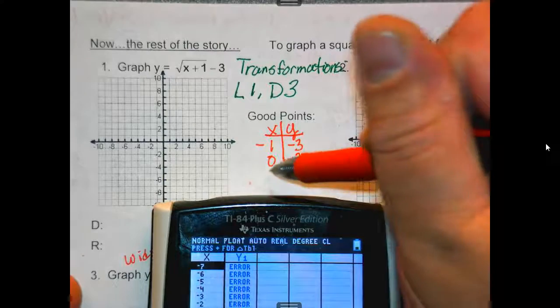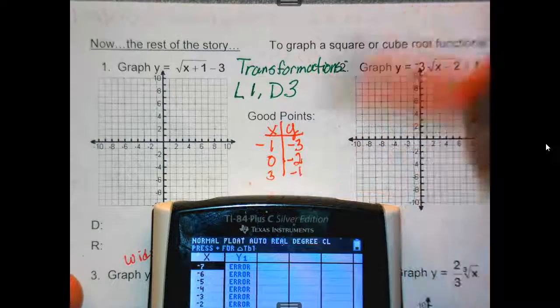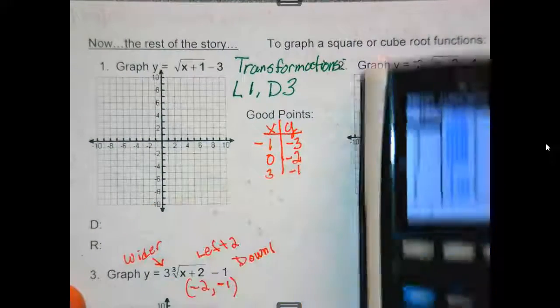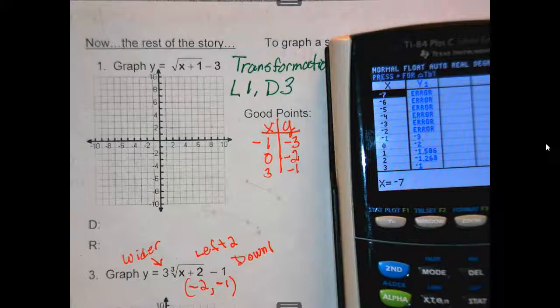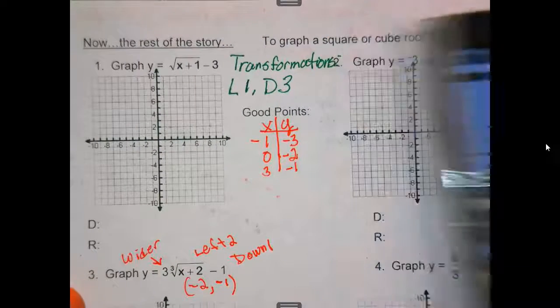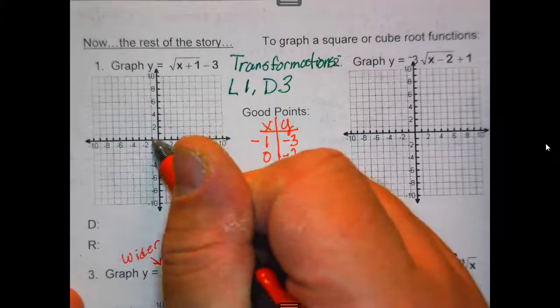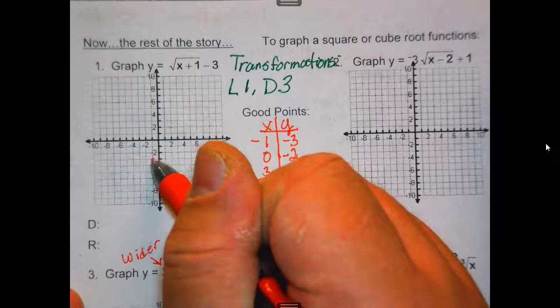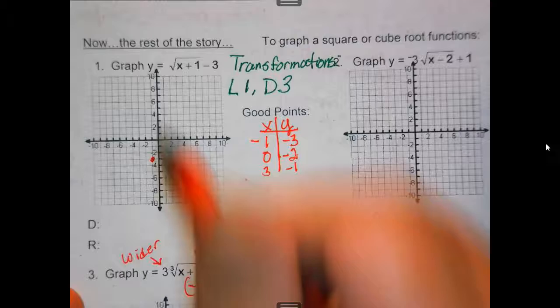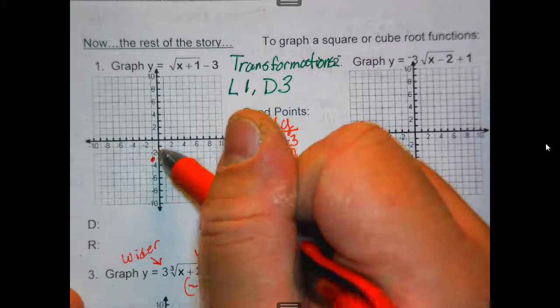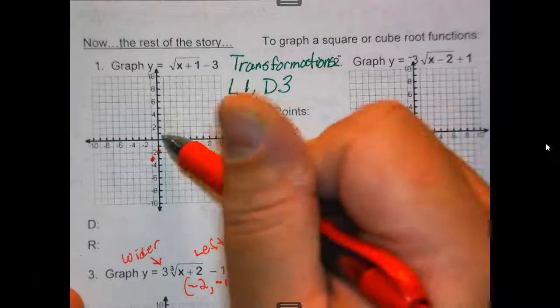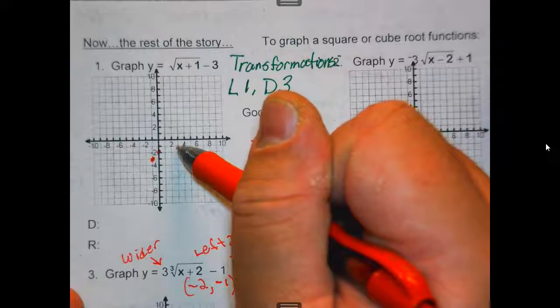And 3, -1. That should be enough for the square root function. Let's try it. -1, -3. 0, -2. And 3, -1.